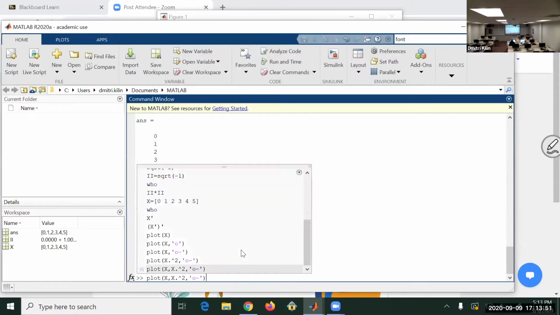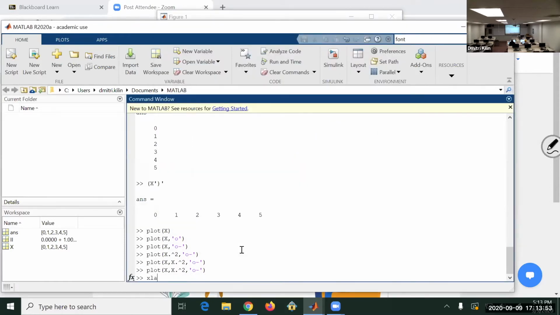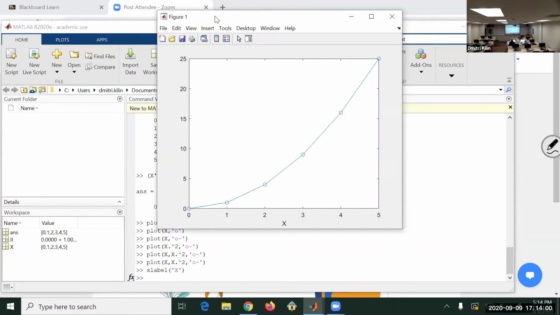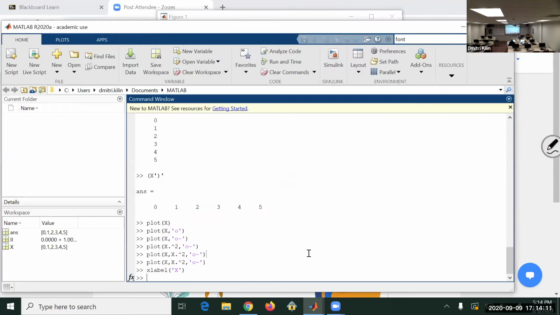And one can add labels. Okay, what else can we do? Instead of plot, one can do bar. Not like bar with drinks.